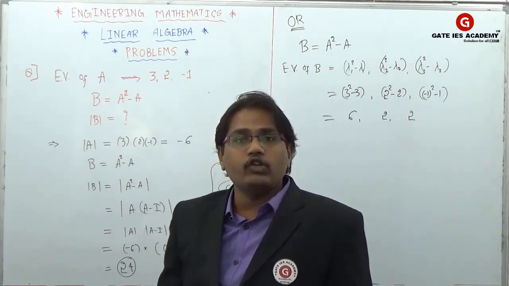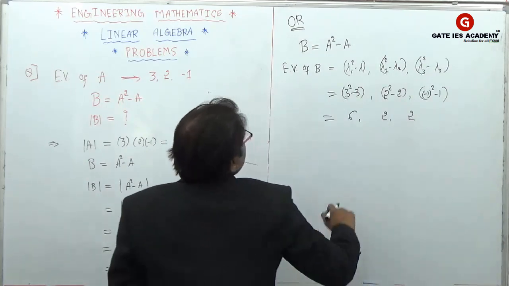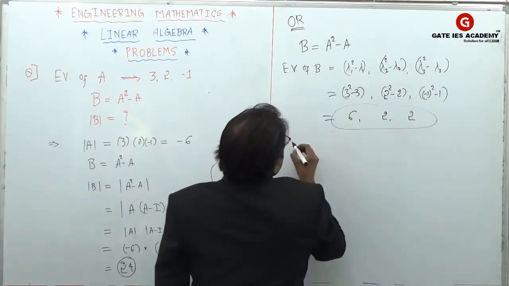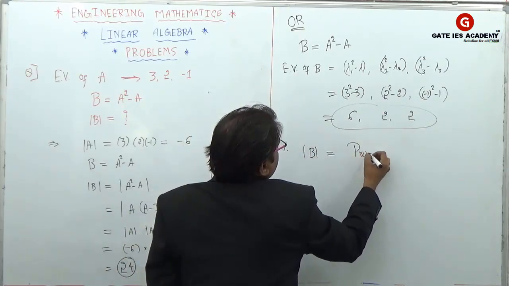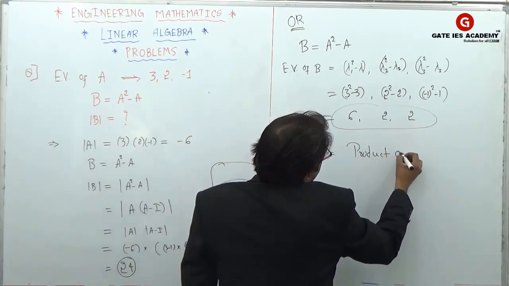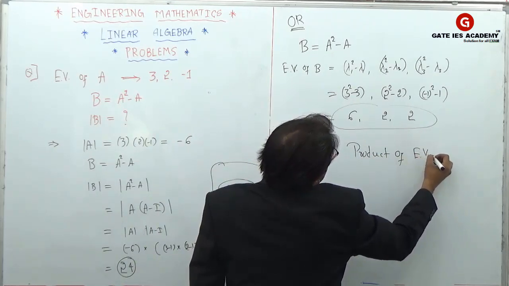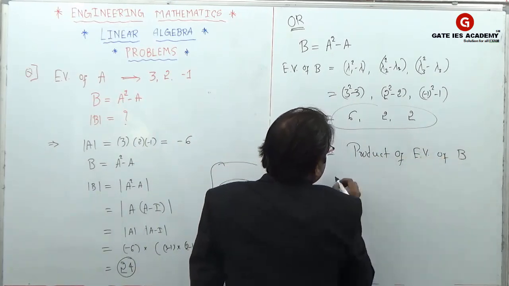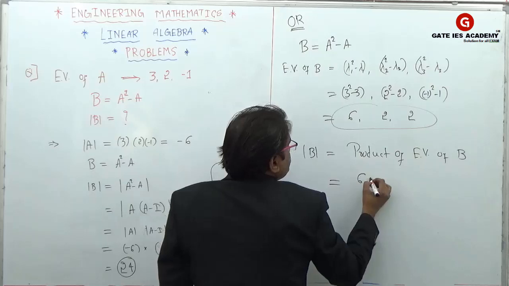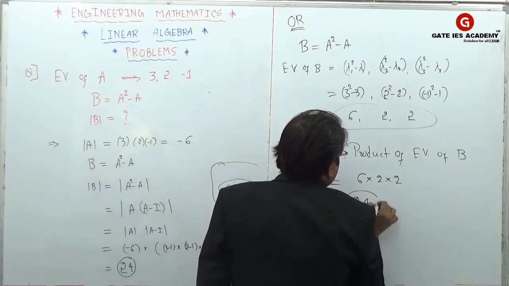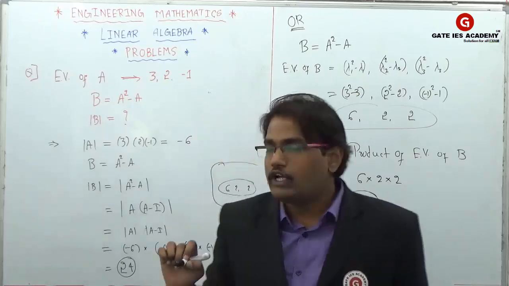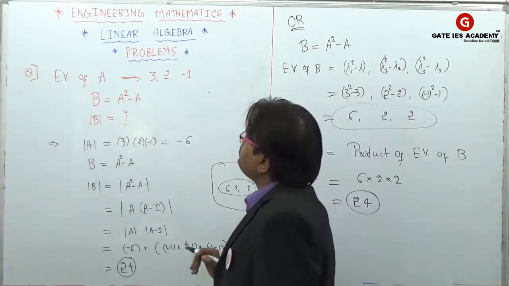These are the eigenvalues of B. So if the eigenvalues of B are known, the determinant of B equals the product of the eigenvalues of B, that is 6, 2 and 2, 24.